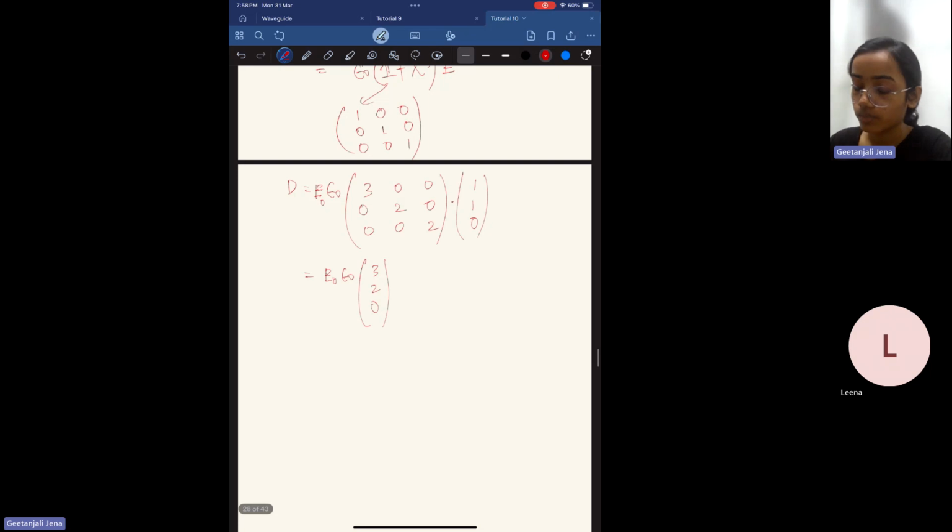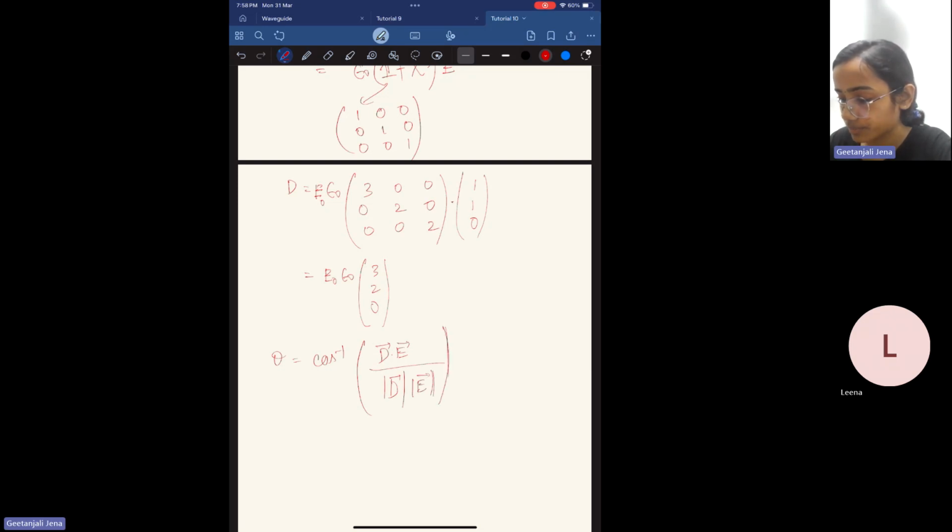So we have the matrix representation for D. Now we can easily find out the angle between them, because the angle is nothing but cos inverse of D dot E by mod D mod E. So can you please calculate it and let me know the answer?